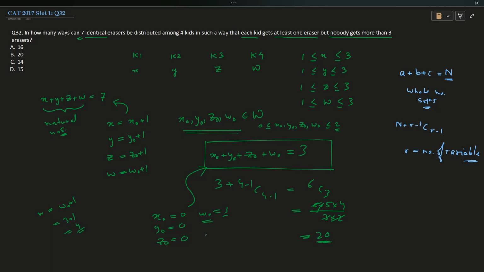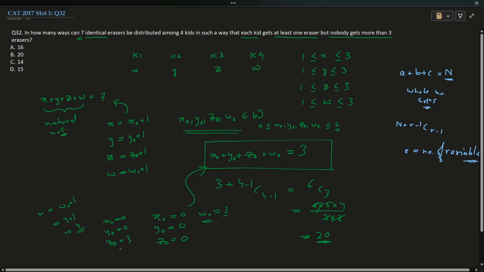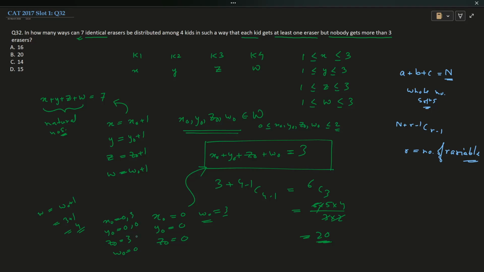Similarly, I cannot also have x naught equal to 0, y naught equal to 0, z naught equal to 3, w naught equal to 0. This solution is not permissible. I cannot have this as 3, this is 0, this is 0, this is 0, and I cannot have this solution also.